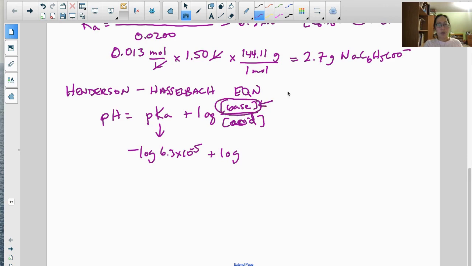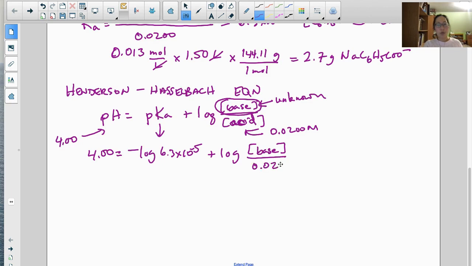We know this is 0.02 molar. Our pH needs to be 4.00. So we can have 4.00 equals the minus log of our Ka plus the log of base, which is our benzoate ion, over our acid concentration right there.